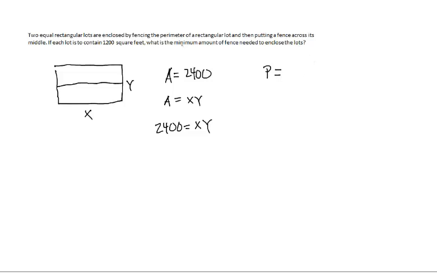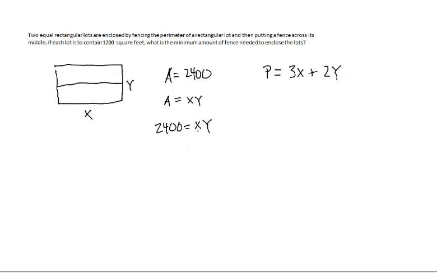So now let's set up our perimeter function. And when you're doing the perimeter function, you want to look at every piece you need to build. So here I have 3 x fences. So perimeter is 3x plus, and we need 2 y's. So 3x plus 2y. Now in order for us to take the derivative of this function and solve this, we need this function here with respect to one variable.